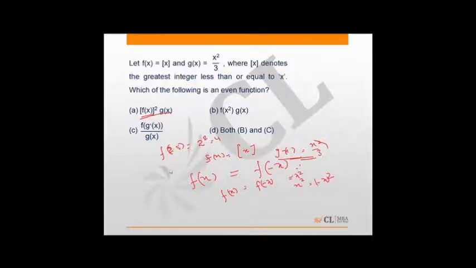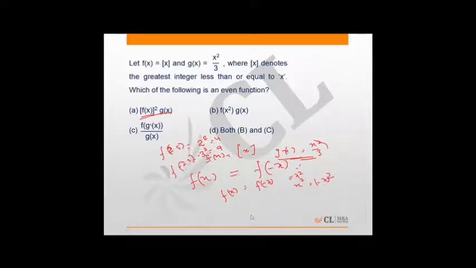But in the other case, if I take x equals minus 2.5, it will give me the value minus 3, and minus 3 squared turns out to be 9. So the first function is not even, and an even function multiplied by any function cannot necessarily be an even function. So the first statement is not true.